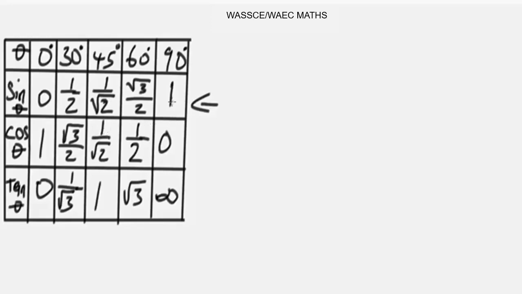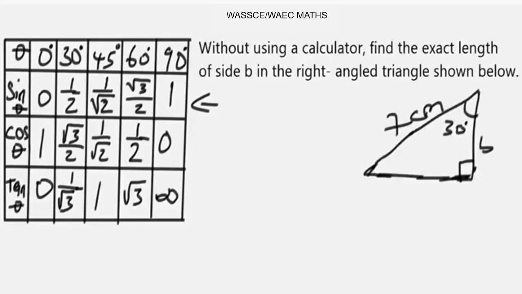Having known this, let's use a practice math question to figure out what is going on, so that you understand how to use these special trigonometry angles to solve problems on such right angle triangles. Let's look at this question.